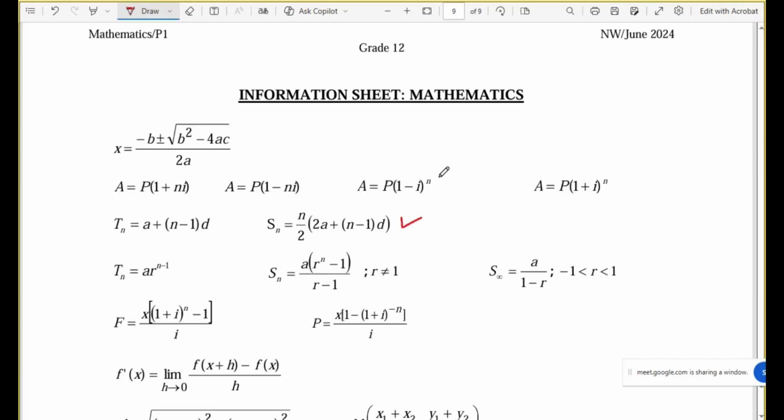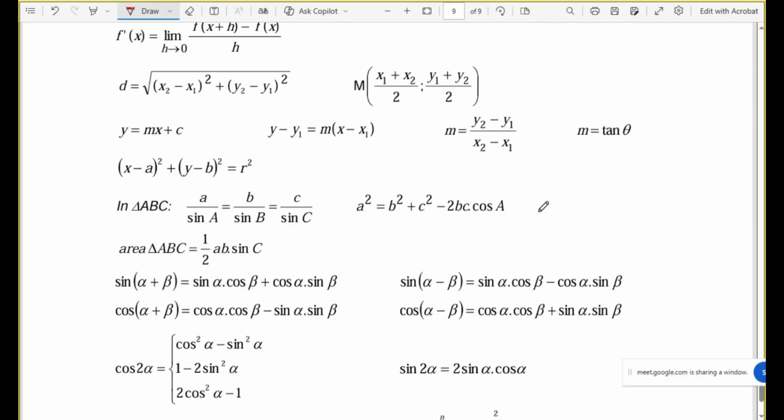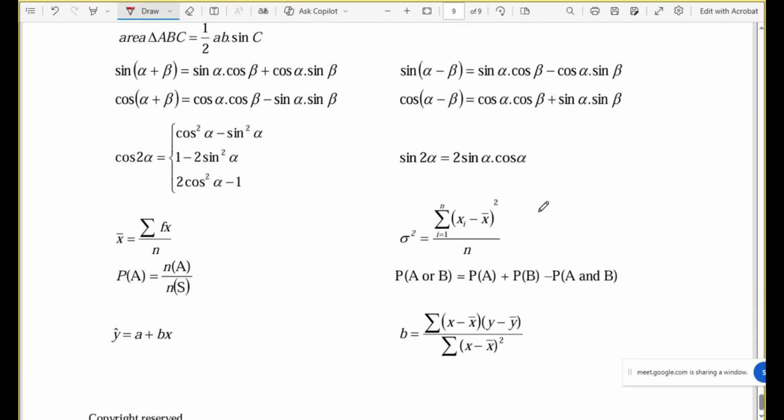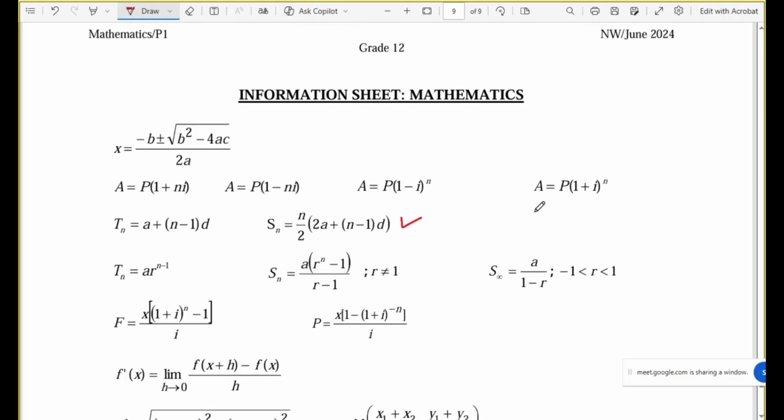Guys, I think this one will make everything more complicated. But now, if I say sum of terms, it's n over 2 into a plus the last term. Do you guys know this formula? Yes, sir. I think this is the formula that I'm going to give them, because the other one is going to make my life more complicated.